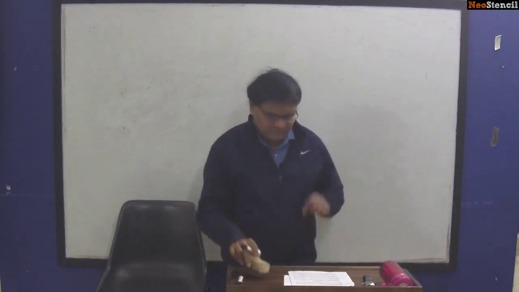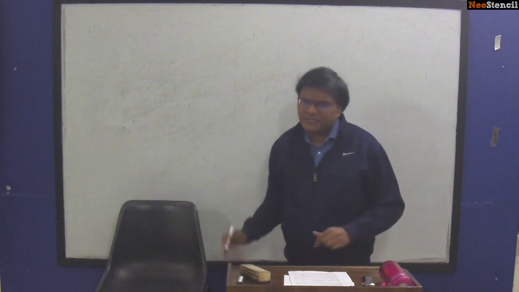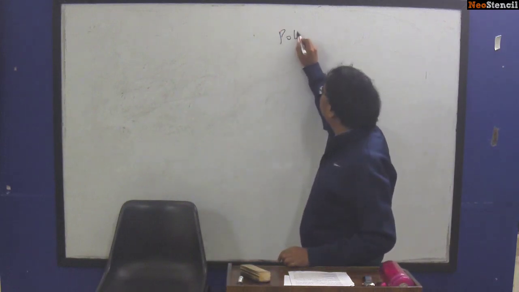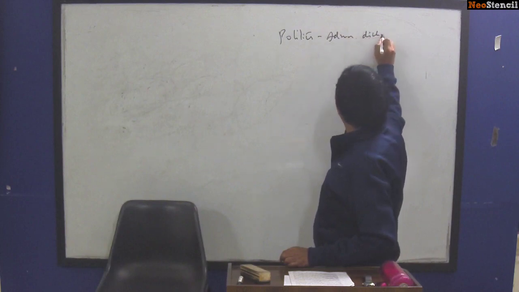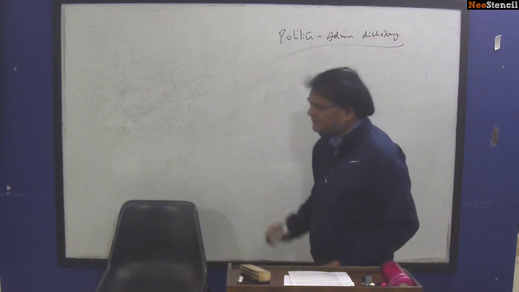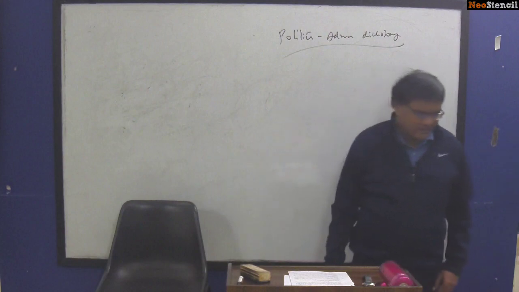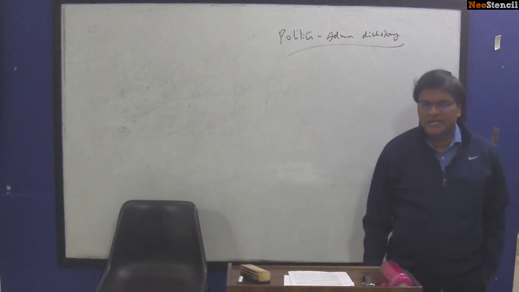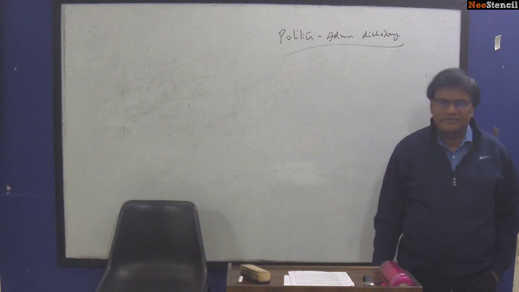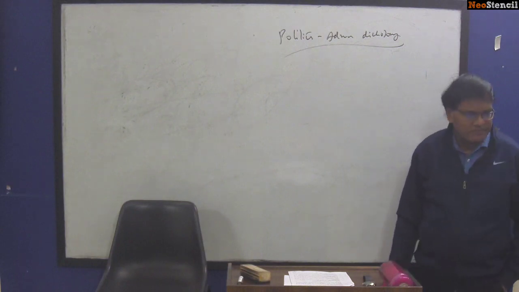So it starts with the politics administration dichotomy. Everything starts with the politics administration dichotomy. The starting point of Weberian bureaucracy, politics administration dichotomy.